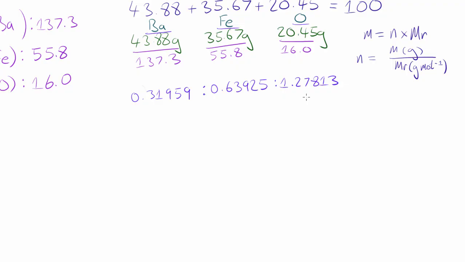So in this case, the smallest value, as you can see, is that of the molar quantity that we've attributed to barium, the 0.31959. So if we do that at this stage, I would invite you to have a go, try and work that out.